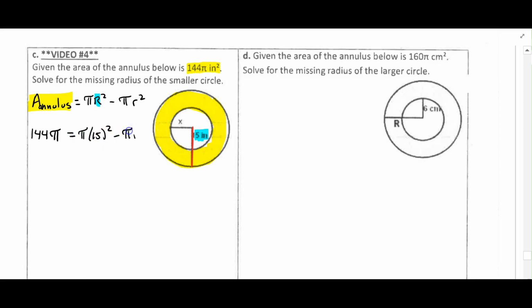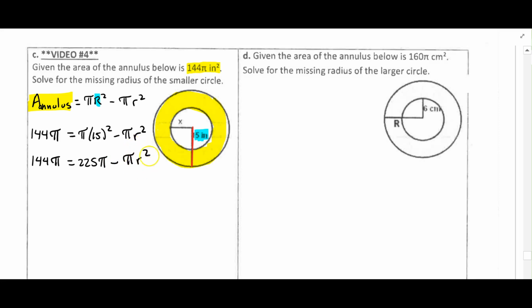But I don't know the radius of the small circle, so I'll leave that as lowercase r. So I have 144 pi is equal to 15 squared is 225. Notice I'm leaving things in terms of pi because it's going to make my work a little bit neater and I think easier because I'm not going to have all these decimals. Minus pi times r squared.